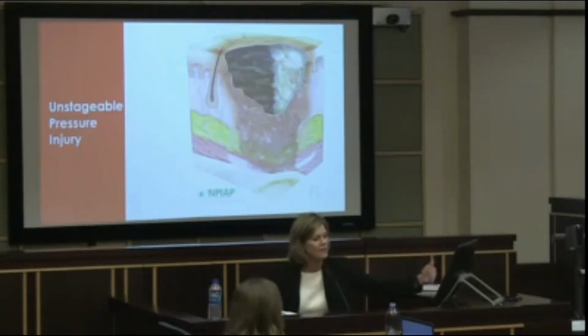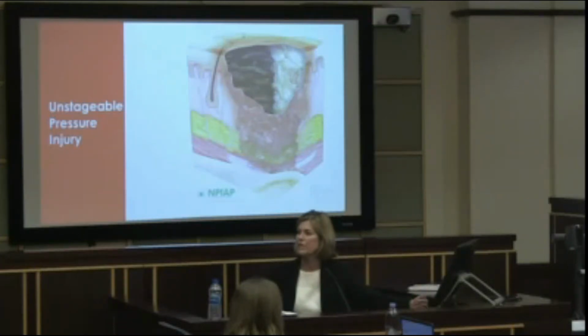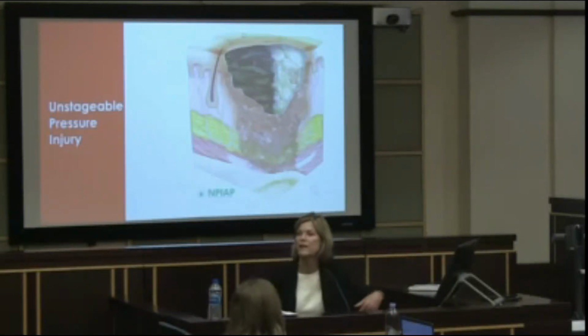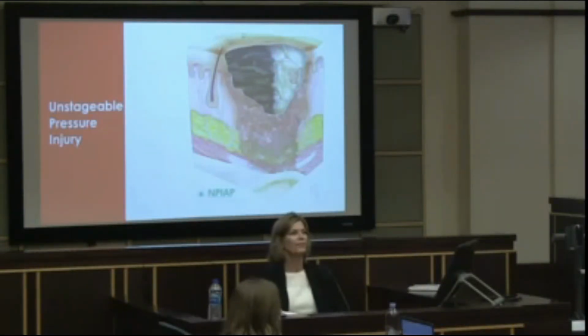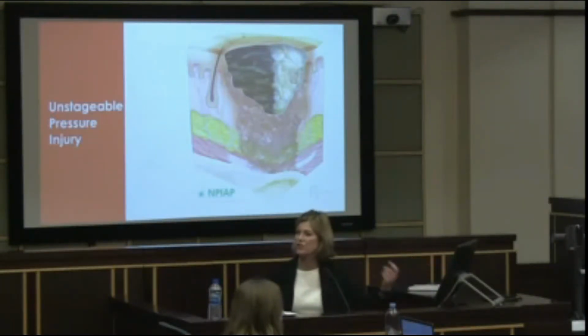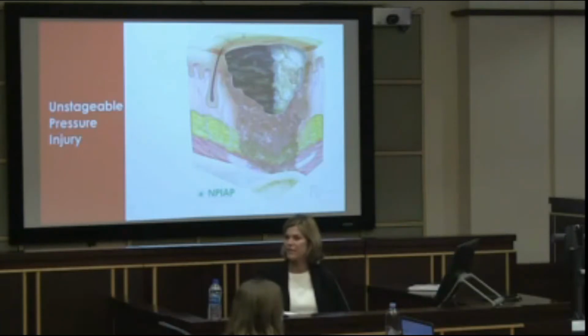You can't really see the different layers or how deep it goes just from visualizing the wound, so it has to be considered unstageable until this is cleared, where you can actually see how deep the wound goes. How do you typically clear away the debris? Some medications can debride that, or a lot of times it's done manually by a physician or a physical therapist, where they debride that area and take that superficial scabbing off.